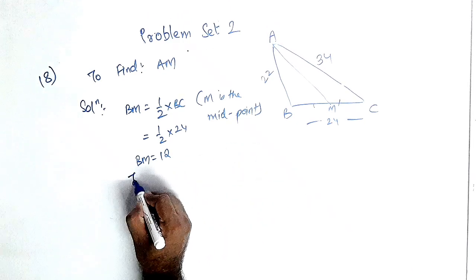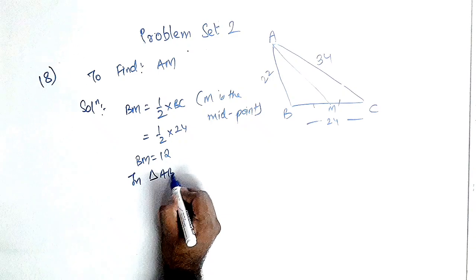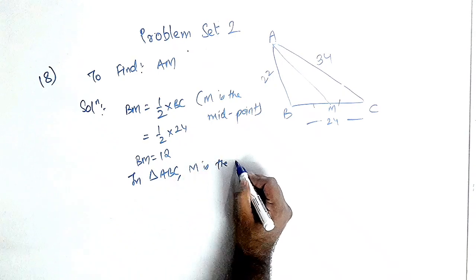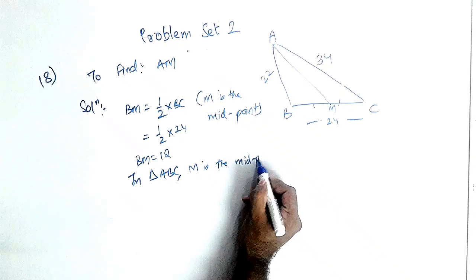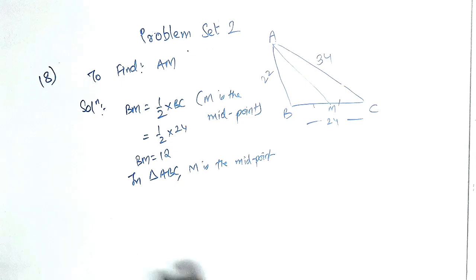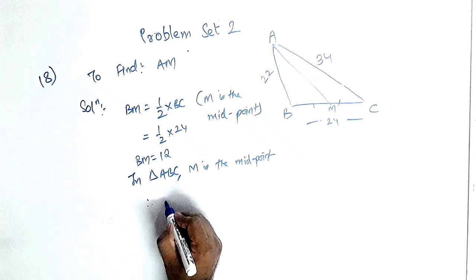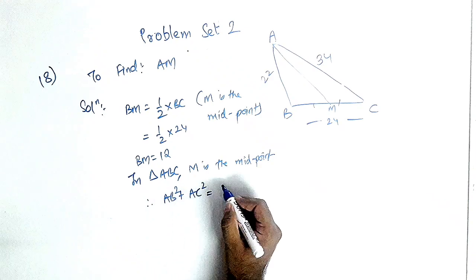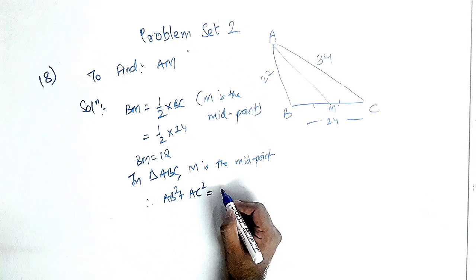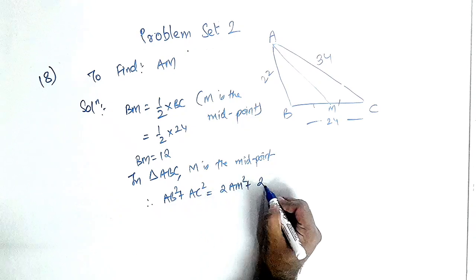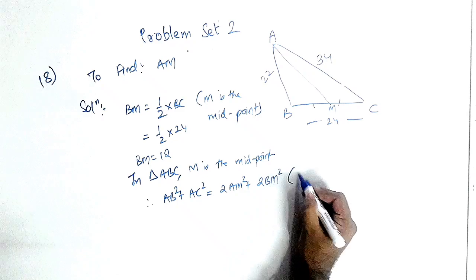Now you can do in triangle ABC, M is the midpoint. Okay, because M is the midpoint, you can write AB square plus AC square is equal to 2AM square plus 2BM square.